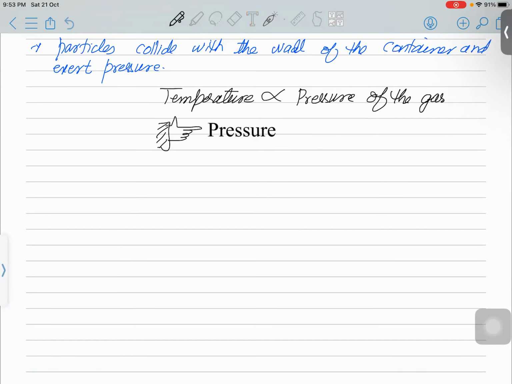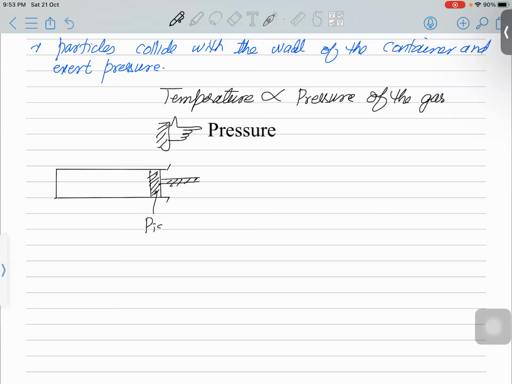Let's suppose we have a gas. This is a container, right? This is the piston.